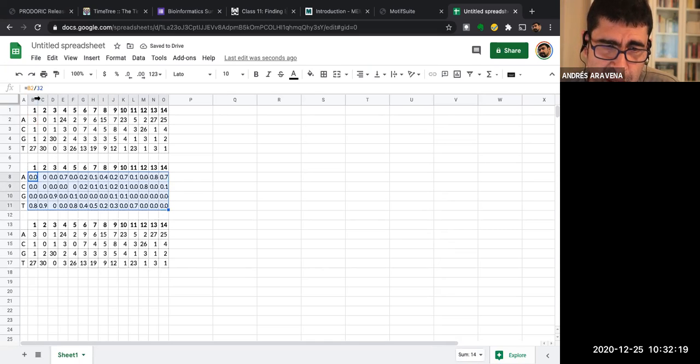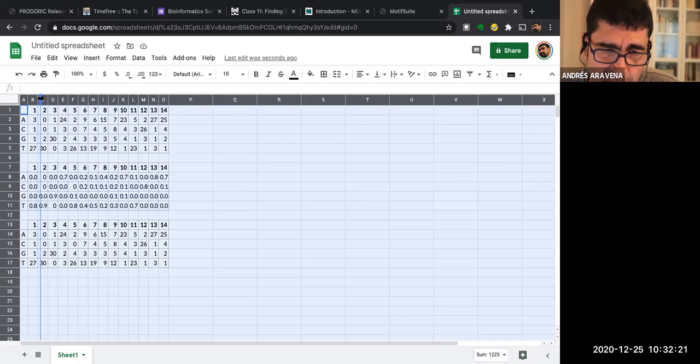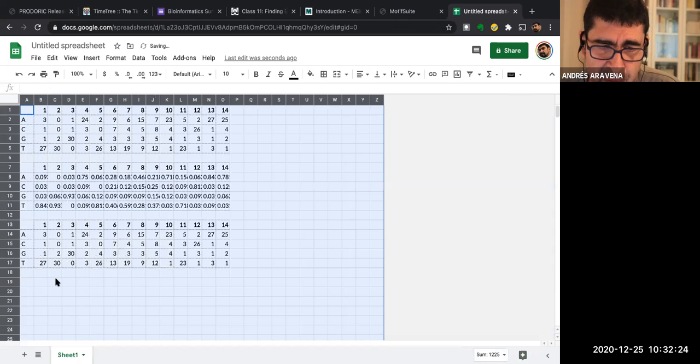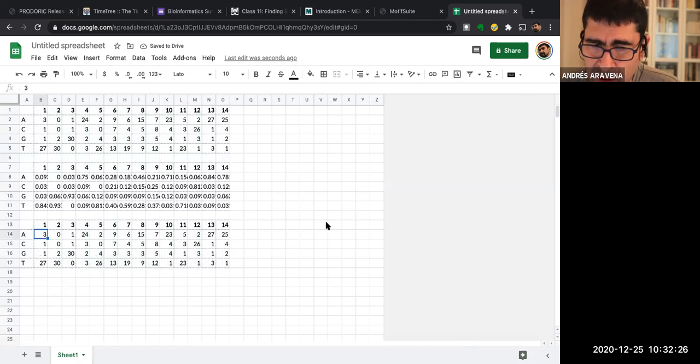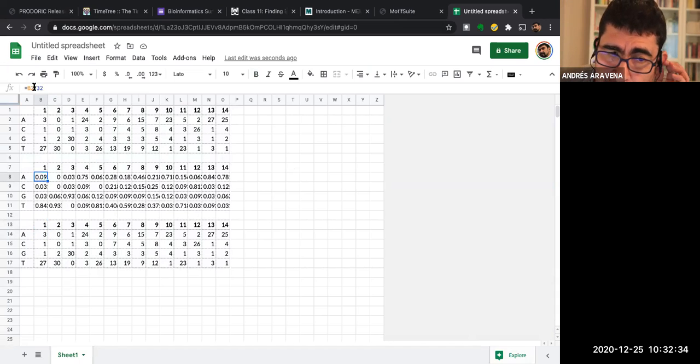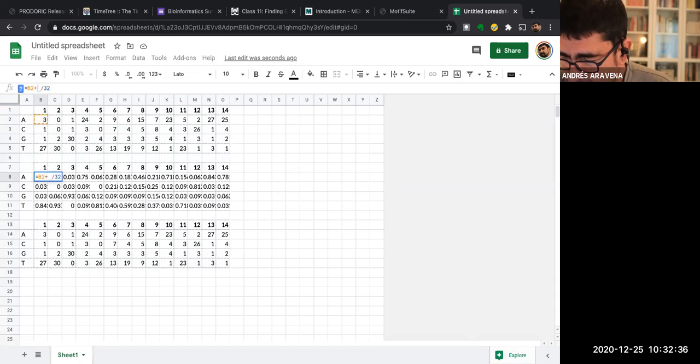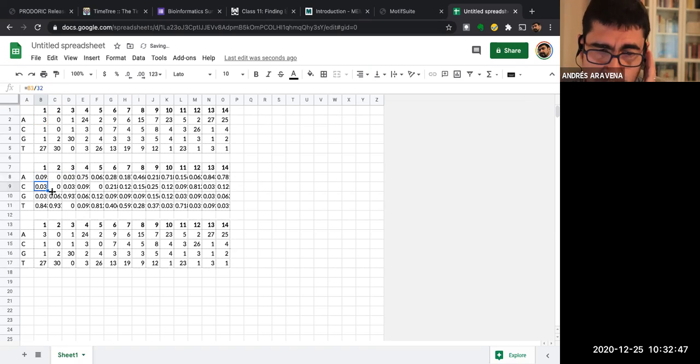If you want, we can make it a little bigger so we can see the decimals, but it's more or less what you see. And then the score matrix will be, no, let's make something here. Let's make this be 2 plus 0.1. Let's do the correction here. We put a parenthesis and divide by 32.4, 0.1 four times.